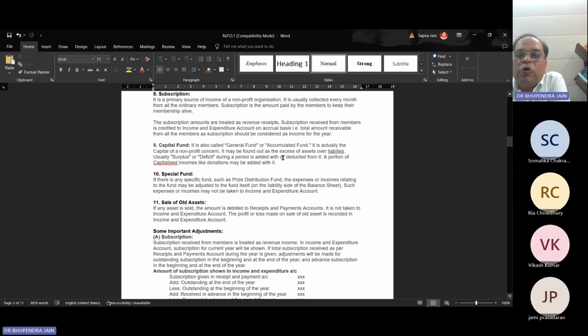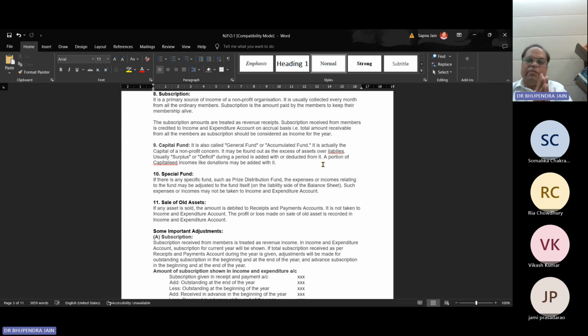It may be found out as the excess of assets over liabilities, and usually the surplus or deficit during the period is added to or deducted from it. What does that mean? We will prepare the income and expenditure account. Now we will subtract all the expenditure from the income. If the income is greater than the expenditure, the remaining is a surplus.